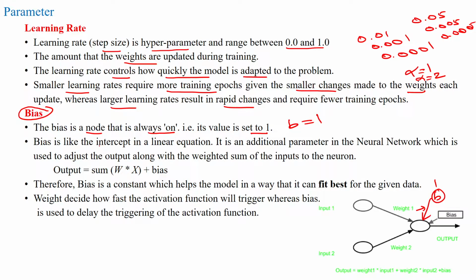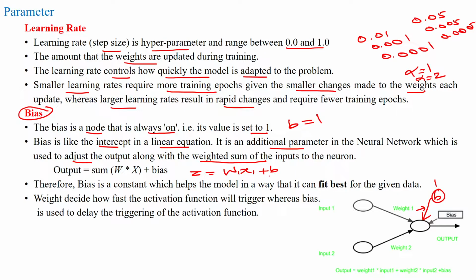So bias is like an intercept, the y-intercept in the linear equation. It is an additional parameter in the neural network that is used to adjust the output along with the weighted sum of inputs in the neuron. So here mostly what we will have, g equal to w1 x1 plus b.